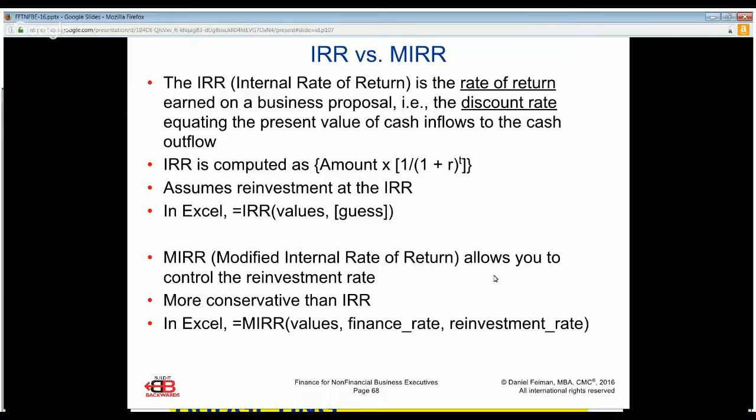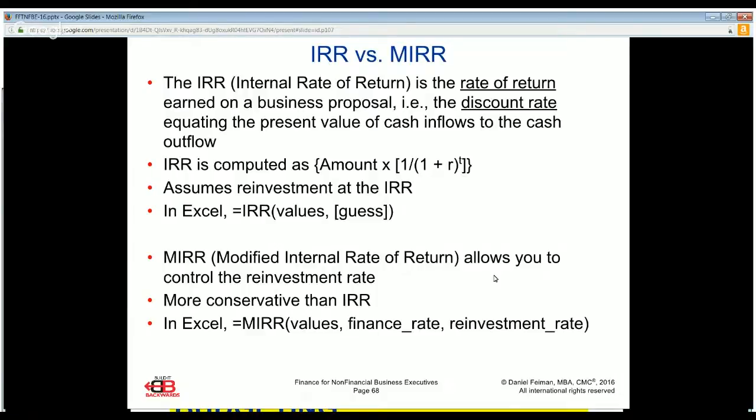But here's the good news. MIRR, or Modified Internal Rate of Return, fixes this. This is why more and more organizations are substituting MIRR for IRR. It allows you, the user, to input what rate you want to reinvest those funds at.